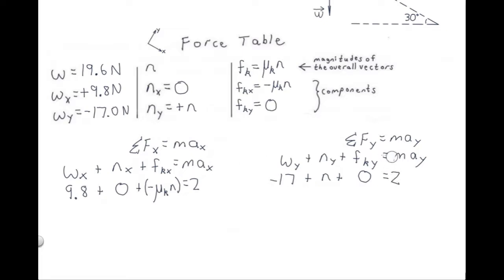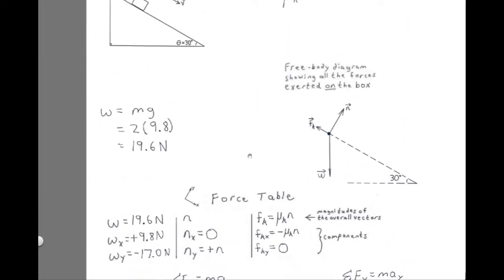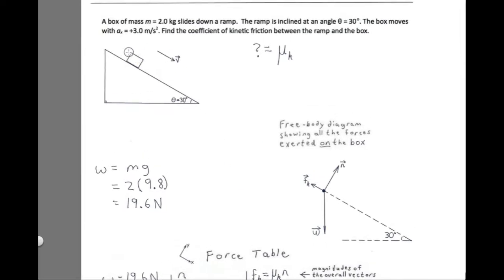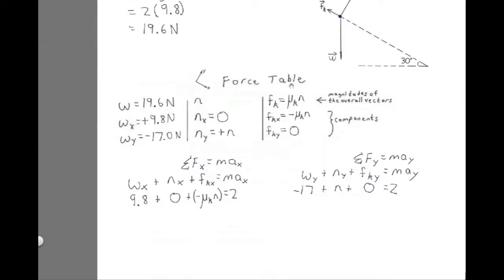Now we plug in for a sub x and a sub y. Well, this object is moving down the ramp. We're moving parallel to and down the ramp. That means that the object is moving only in the x component. There is no motion perpendicular to the ramp. That means that there is no motion in the y component. This object is motionless in the y component.